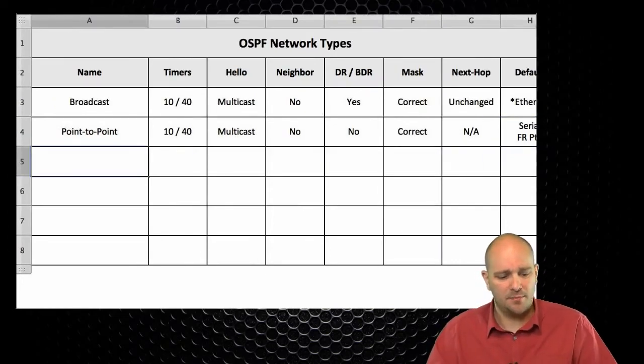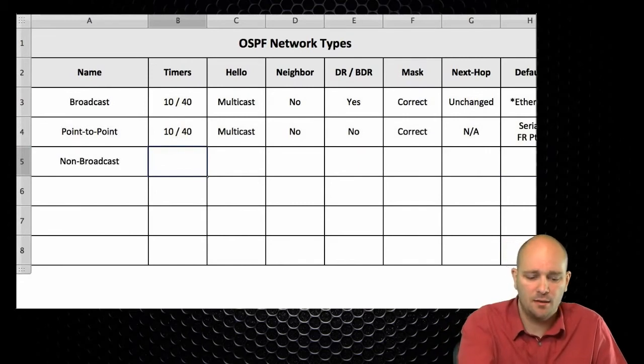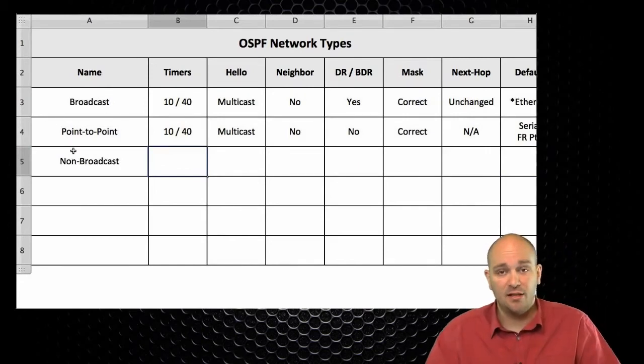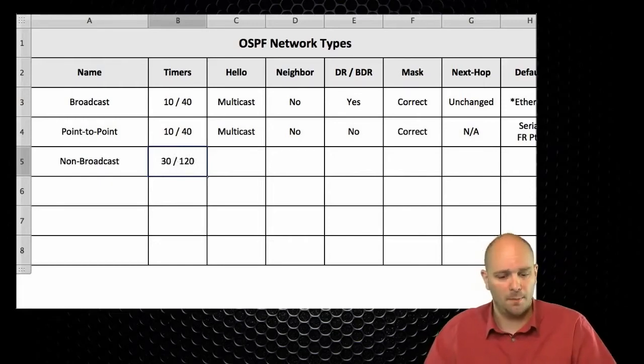The next network type that we're going to talk about is going to be non-broadcast. Now, non-broadcast shares many characteristics with broadcast. The differences are that it uses the slow set of timers, so the hello timer is 30 seconds and the dead interval is 2 minutes.